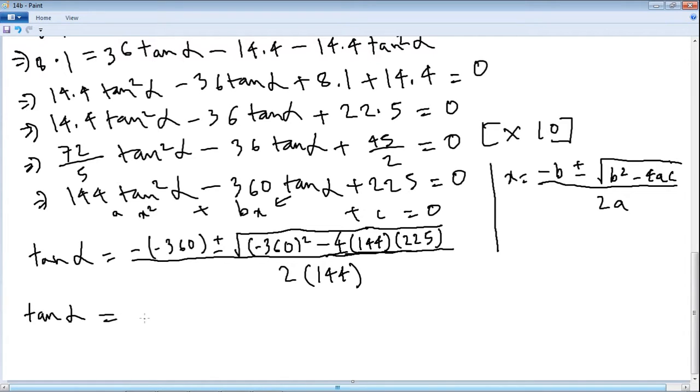If you have calculated, you will see that the answer will be 5 by 4. So this is the answer.